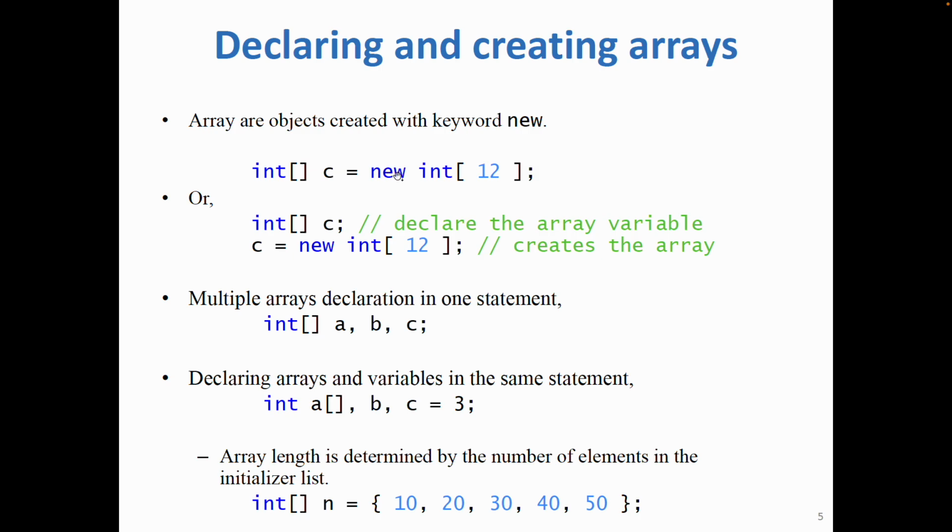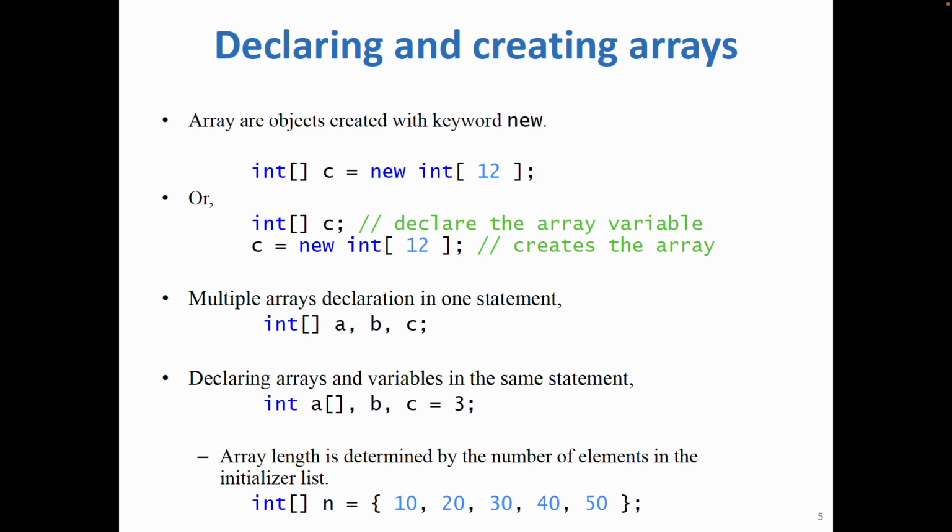Because it's an object, we allocate some memory in the heap, and then its type is again int, so it should match. Between those square brackets, I define the size of it, like I need a data size of 12 that can keep 12 integers.